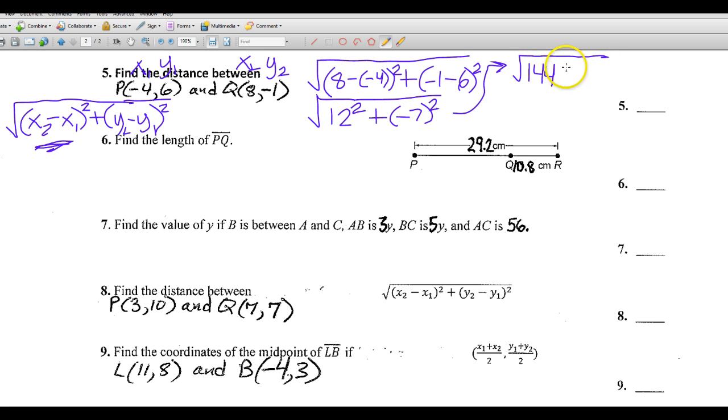Negative 7 squared is 49. So add those up, and we have 193. So we can express our answer as the square root of 193, or with a calculator to the nearest tenth, that would be 13.9.